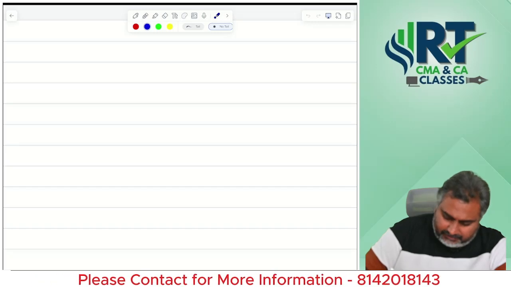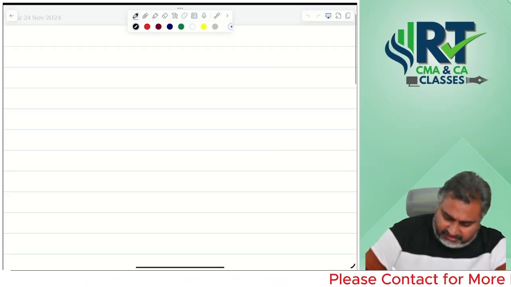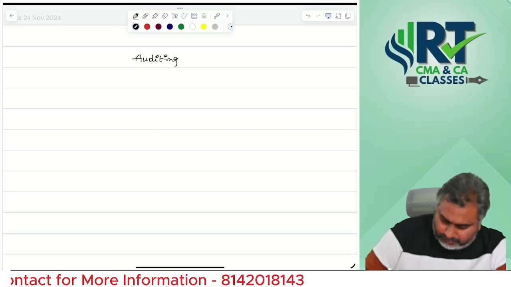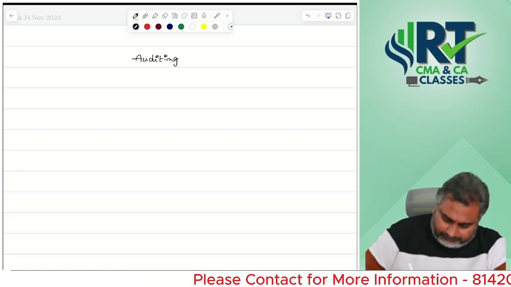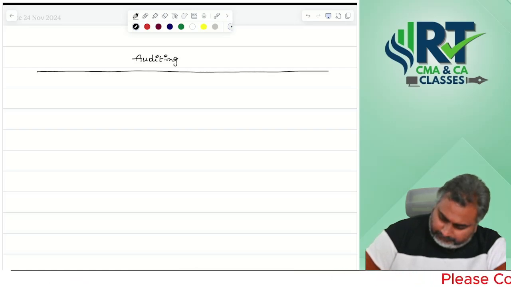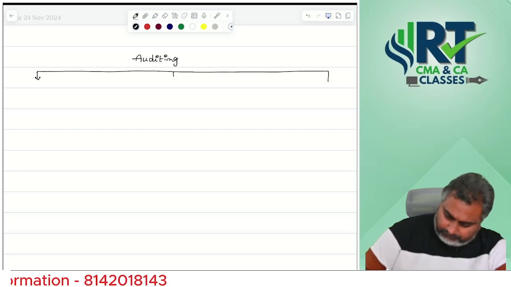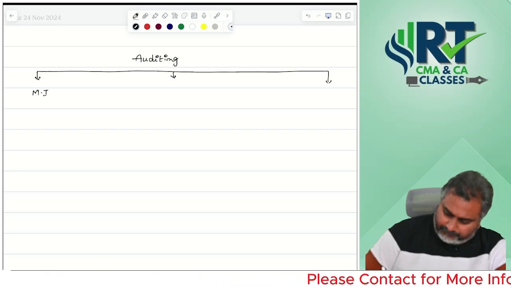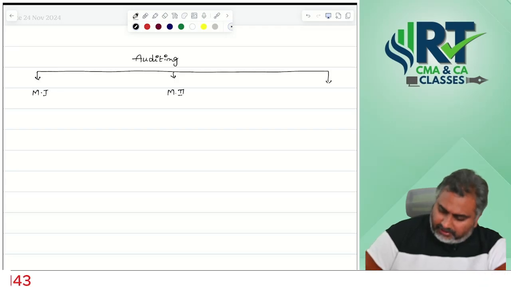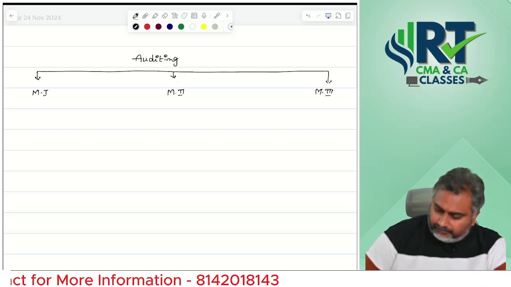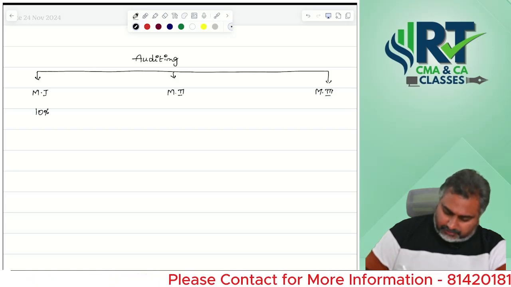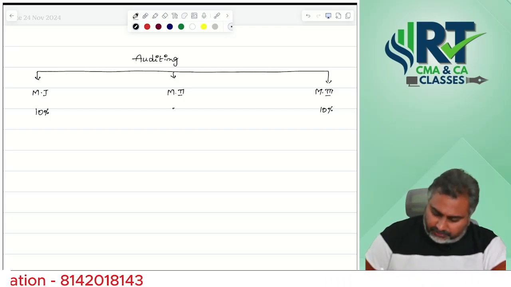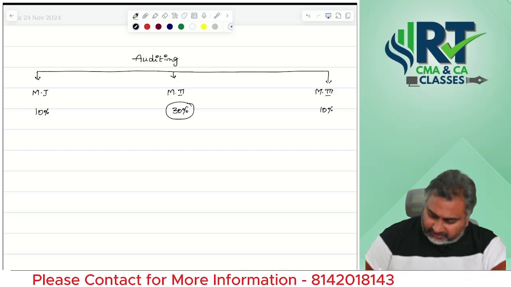If you divide the entire CMA Inter auditing into three parts, Module 1, Module 2 and Module 3, these two have equal percentages, 10% and 10% weightage only, and this one has 30 percent weightage itself.